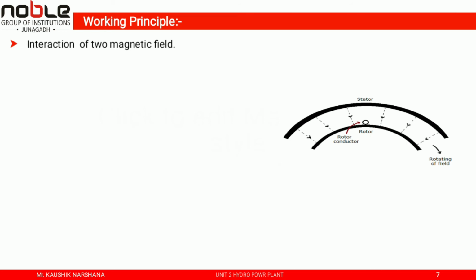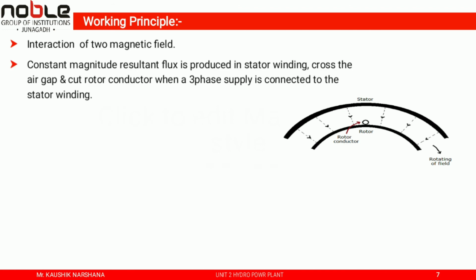Due to these two magnetic fields, the motor rotates. So a constant magnitude resultant flux is produced in the stator winding. Okay, the stator is a stationary part, so a constant magnitude of flux is produced.